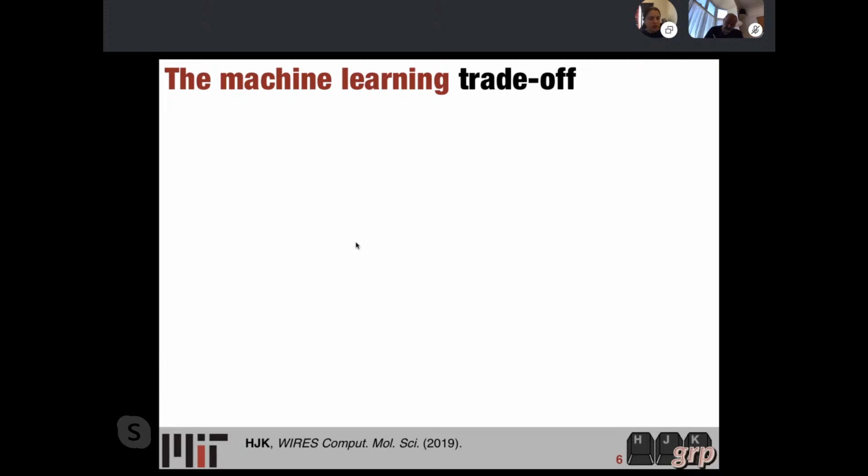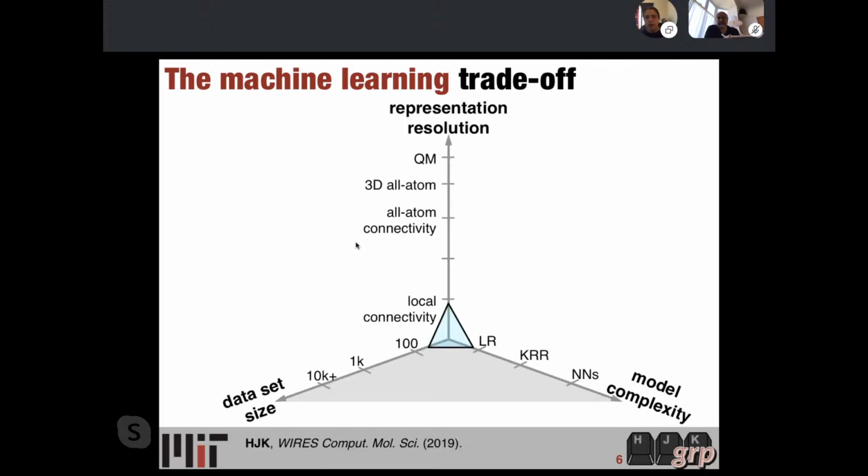And so, as I already mentioned, there's a big trade-off in machine learning, and I think to a certain extent, it's the most exciting part, right? So there's really 3 things to think about when building a machine learning model. There's how much data we have, how much model complexity do we want to tolerate? Do we want to be able to interpret and work with that model, or do we just want the model to predict amazing numbers that we don't really understand where they came from?